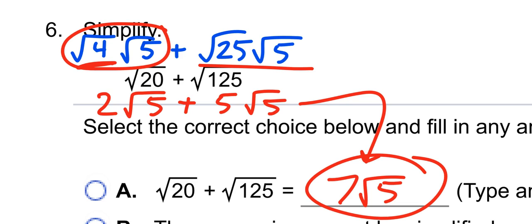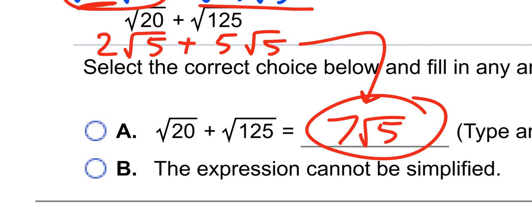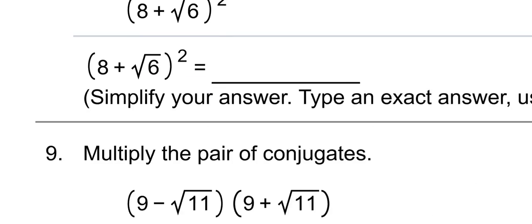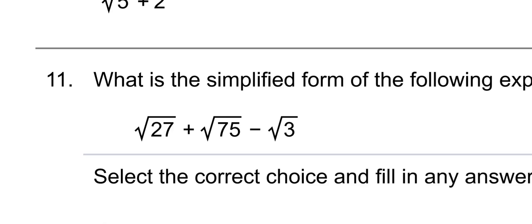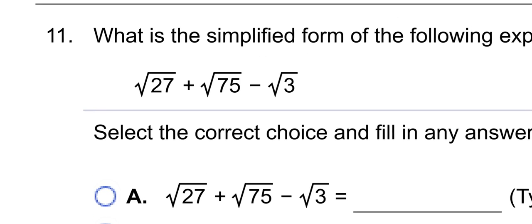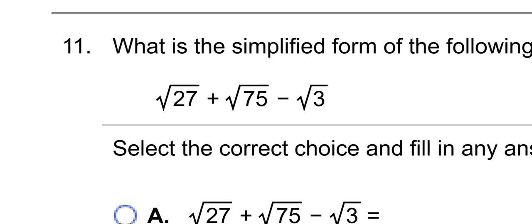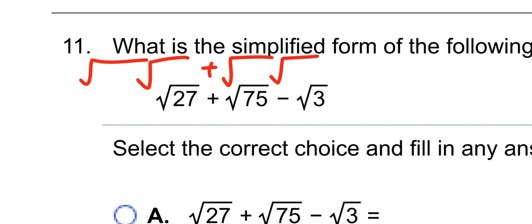Go to question 11. Question 11 is our last one for today. Stay with me. 27 can be broken up into what? 9 and 3.